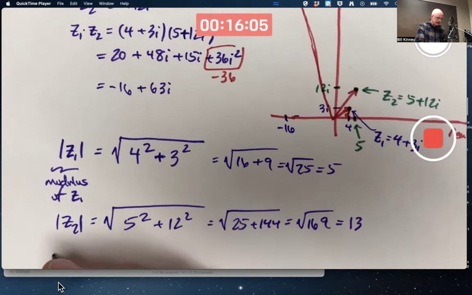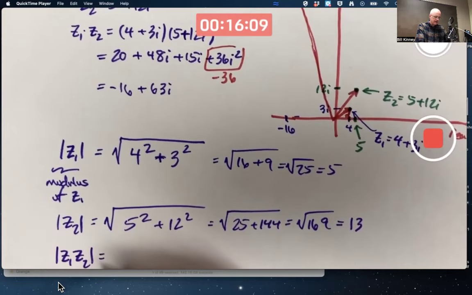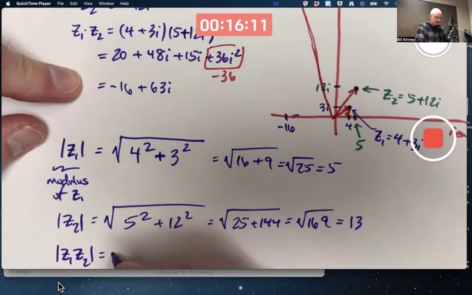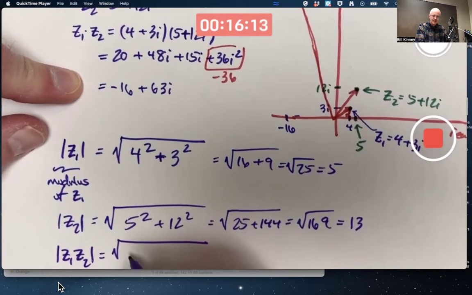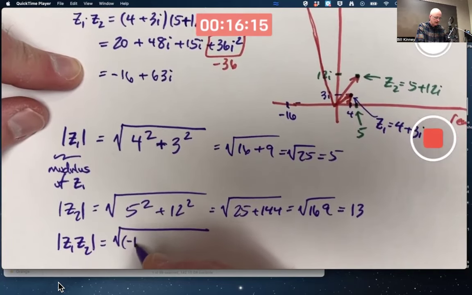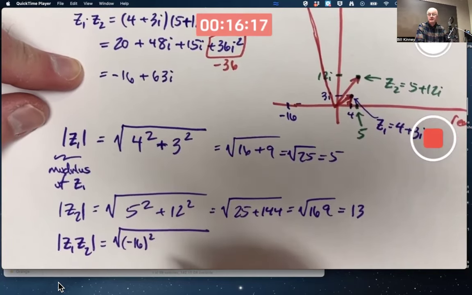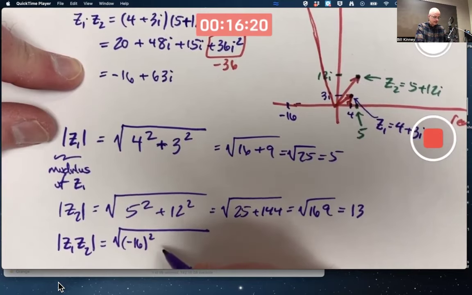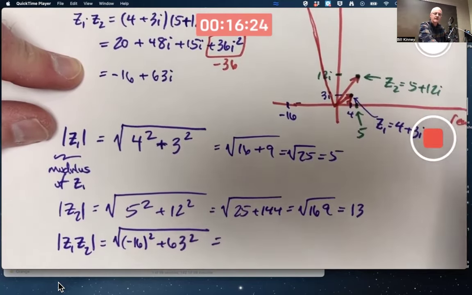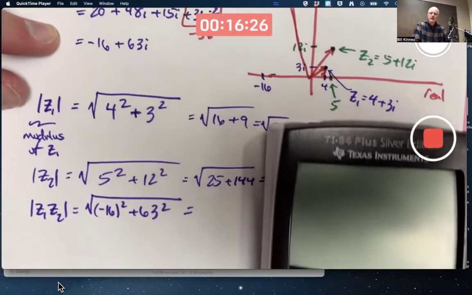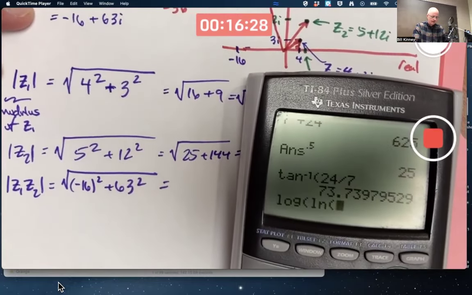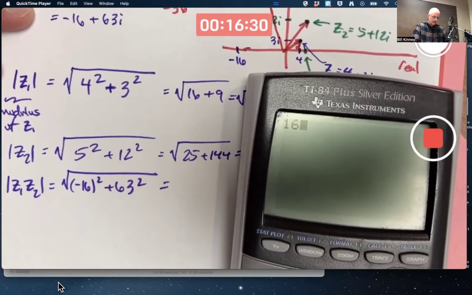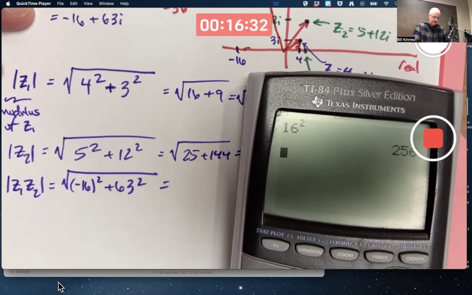How about the modulus of their product? z1 times z2, what is their product? It's right there. So I do square root of -16 squared, which of course is the same as positive 16 squared, plus 63 squared. It's not clear that this will necessarily be a nice number. 16 squared is 256, plus 63 squared.